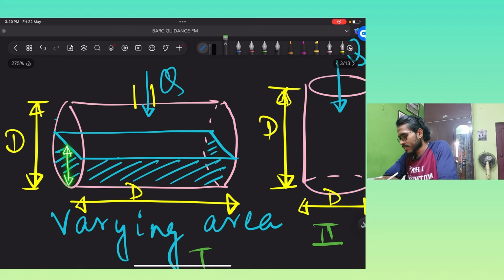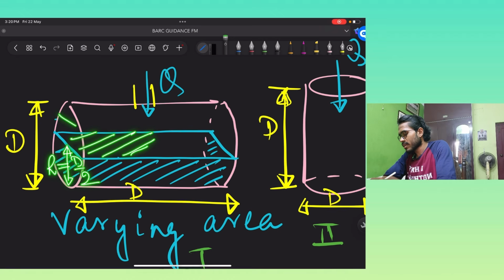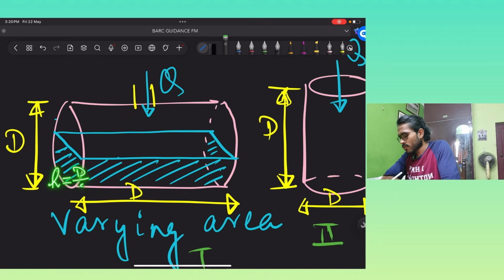if this height h is equal to d by 2, then after that this area will decrease, like this. But before this, till h equals d by 2, if the height is less than d by 2, then the area is actually increasing.